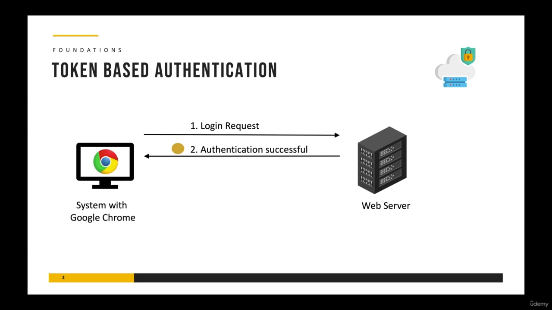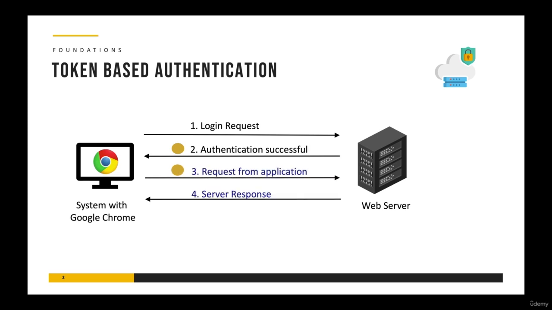Once the user has this token, he does not need to provide his credentials again and again. He'll simply include this token in subsequent requests, and based on this token, the server can authenticate whether it is the legitimate user or not. So this is how, by using a token, we avoid exchanging credentials again and again.